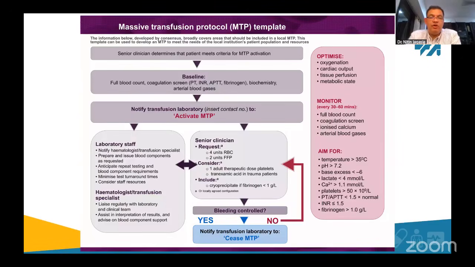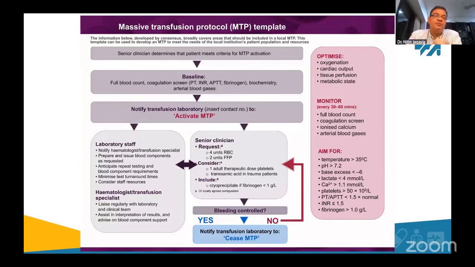Like, if you all will remember, we would call the hematologist and say, we want this, we want that, and all that would create a bit of, oh, why do you need this? Why not that? So to avoid all of that in a time critical situation, you have a transfusion protocol, which has been agreed by the blood bank, the hematologist, the surgeons, the anesthetists, the emergency physicians, and the intensivists beforehand, and it is signed off.